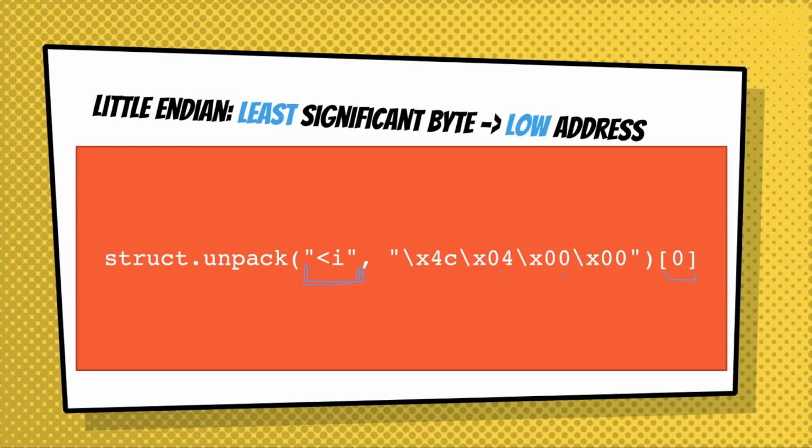And the reason why it returns a list, if you may wonder, is that we can pass in a string that is longer than 4 bytes. It can be 8 bytes, it can be 16 bytes. And if that is the case, then when calling unpack according to this specific format, it will return multiple integers.